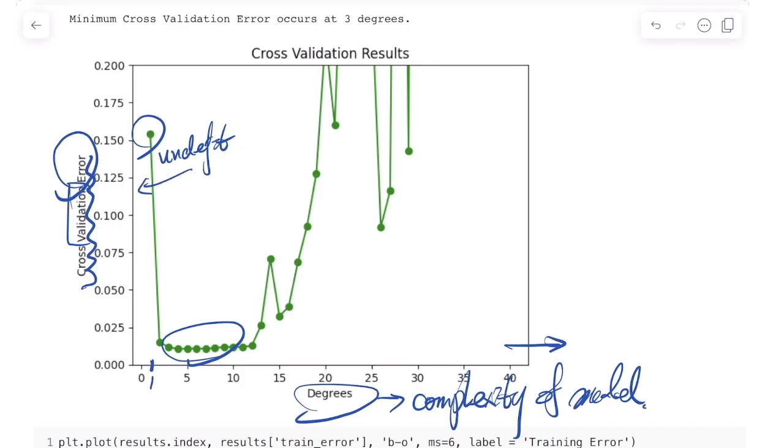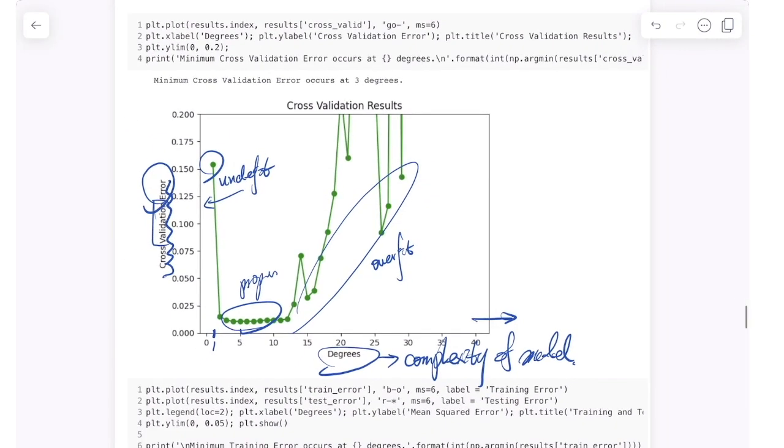This side is a proper fit. And at the right-hand side, you have a very high degree of model, which means your model complexity will be quite high, and we call it overfit. Because you have too many parameters, those parameters can memorize your data points, but too much.